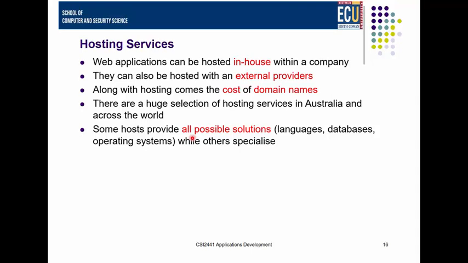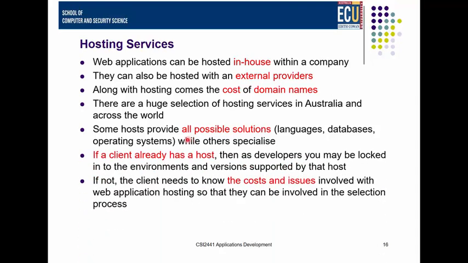So it definitely affects your choice of language as well. What is supported by the external providers, you may need to use that language for development. There are various packages, so if the client already has a host, you have to adhere to what that host supports. Accordingly, you can select your services.